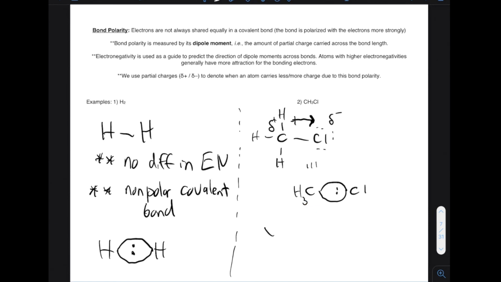This is what we would consider a polar covalent bond. We'll be getting more into dipole moments and bond polarity in later chapters, but it is one of the important concepts from your first semester of general chemistry that is important to review before moving onward.